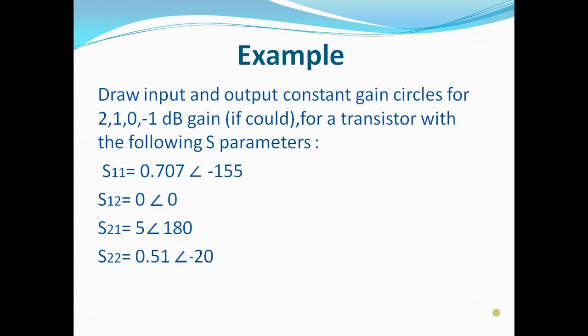S11 equals 0.707 at the angle -155, S12 equals 0 at the angle 0, S21 equals 5 at the angle 180, and S22 equals 0.51 at the angle -20.